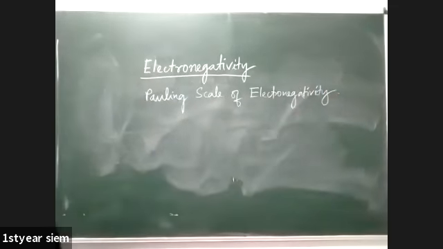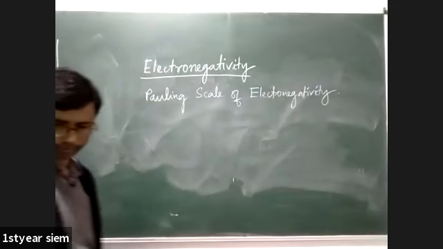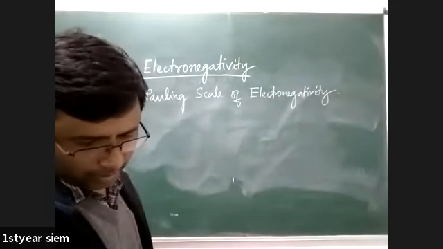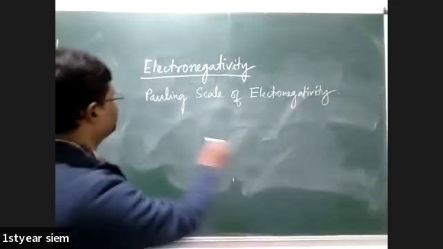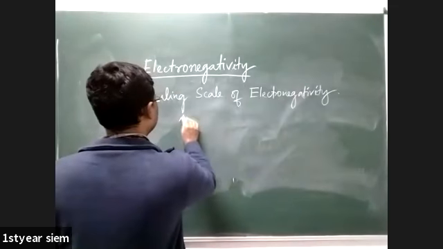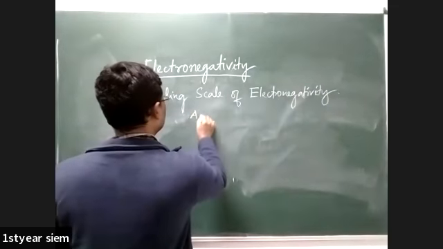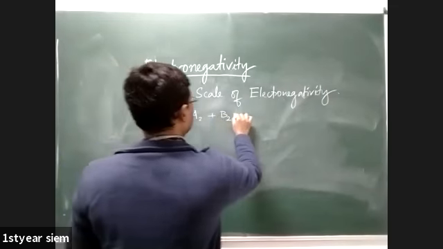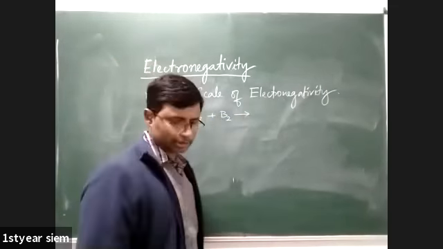Pauling scale of electronegativity. This scale assumes there is a chemical reaction between A2 and B2: A2 plus B2, the product is 2AB.